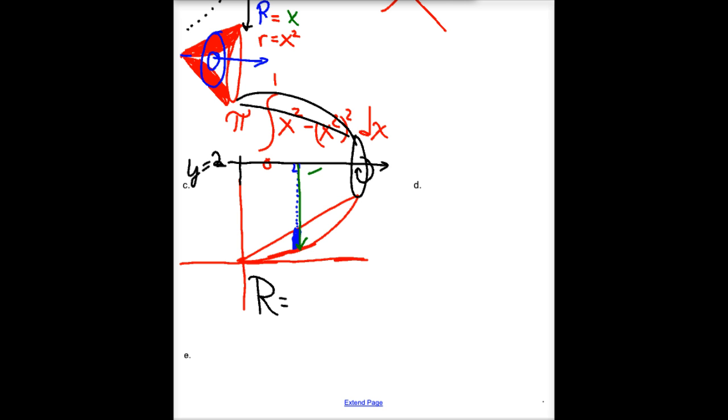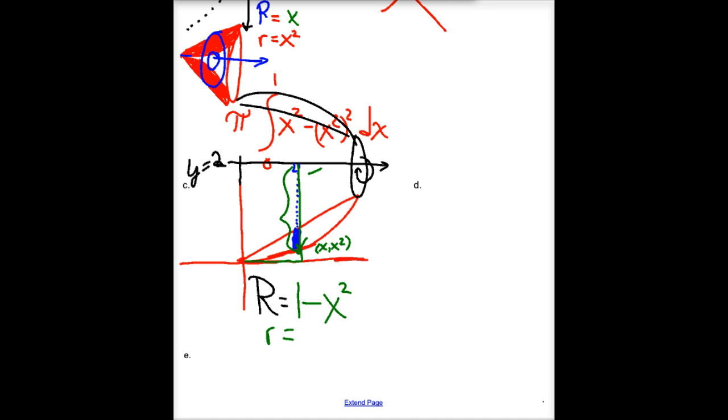But big R goes to this curve. Remember, this curve is (x, x squared). However, the x squared represents x over and x squared up. Well, I don't want that. I want the rest of this, so it becomes 1 minus that gap with the x-axis.